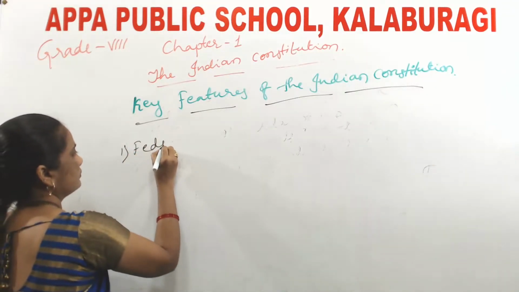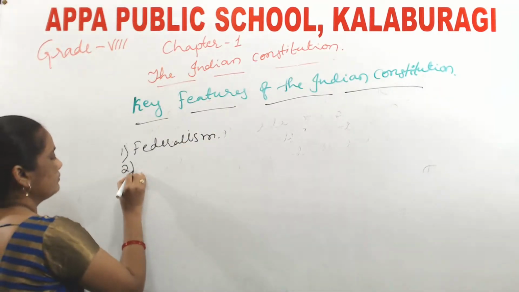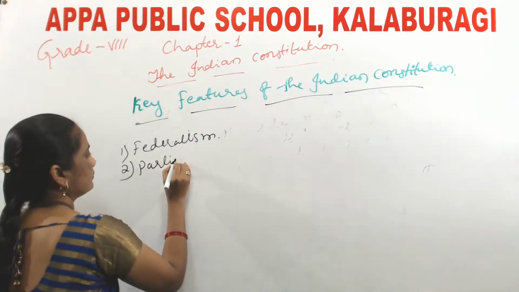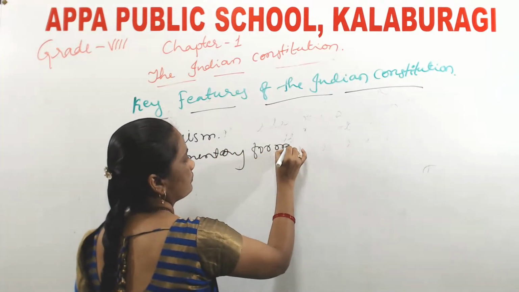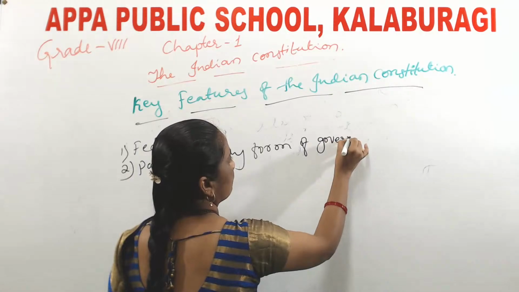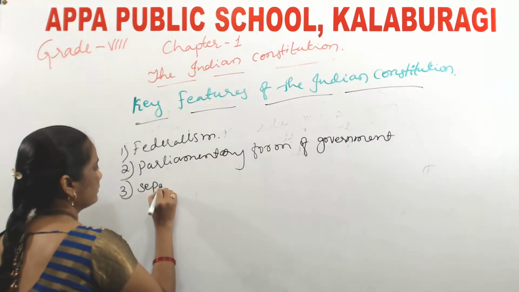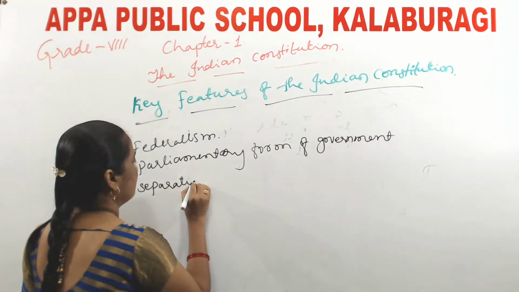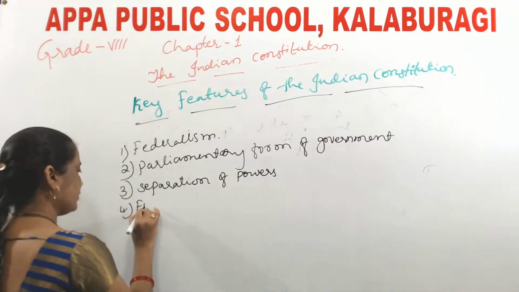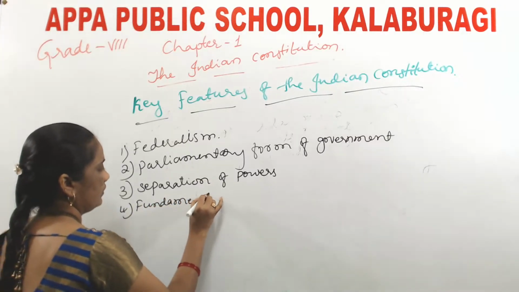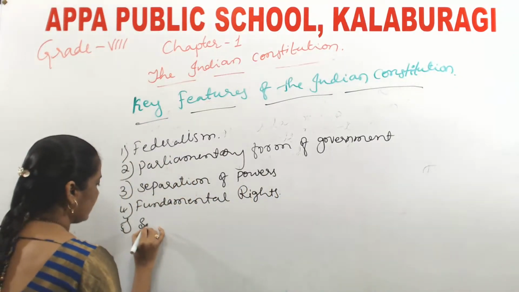They are federalism, parliamentary form of government, separation of powers, fundamental rights and secularism.